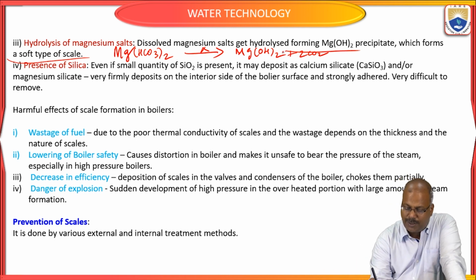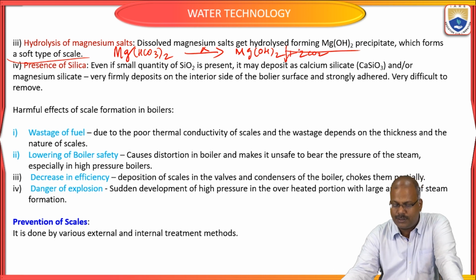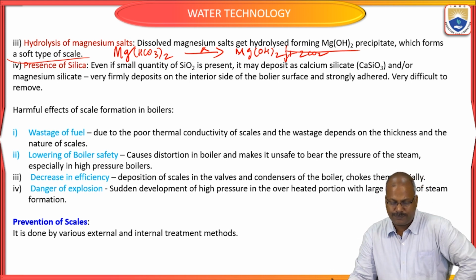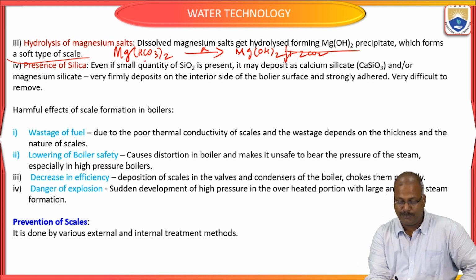So this magnesium hydroxide precipitate creates a soft type of scale. This is by heating bicarbonate.